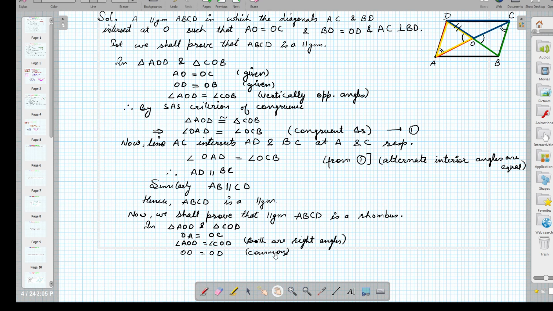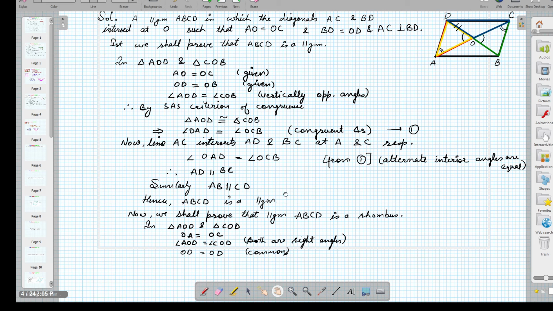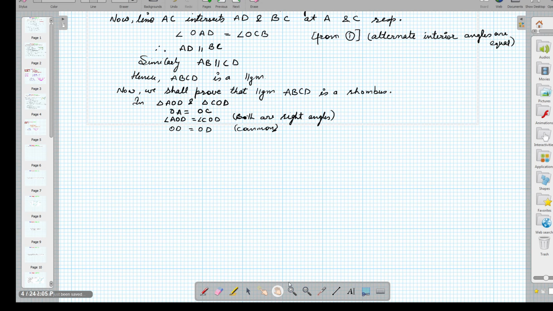Now again we are going to apply here SAS criterion of congruence. Both the triangles we considered, AOD is equivalent to दूसरी triangle हमने consider की है, that is COD.